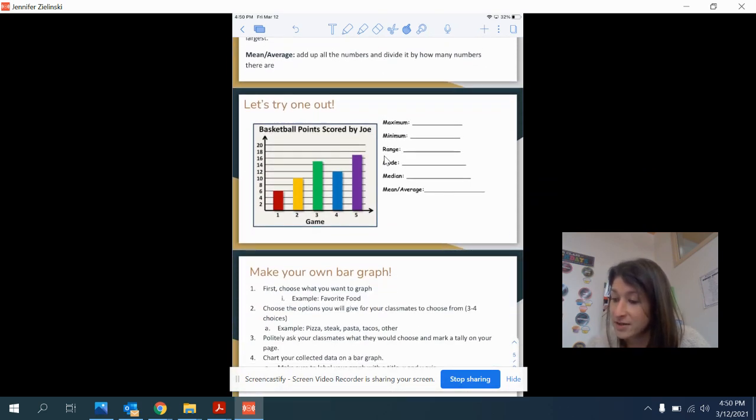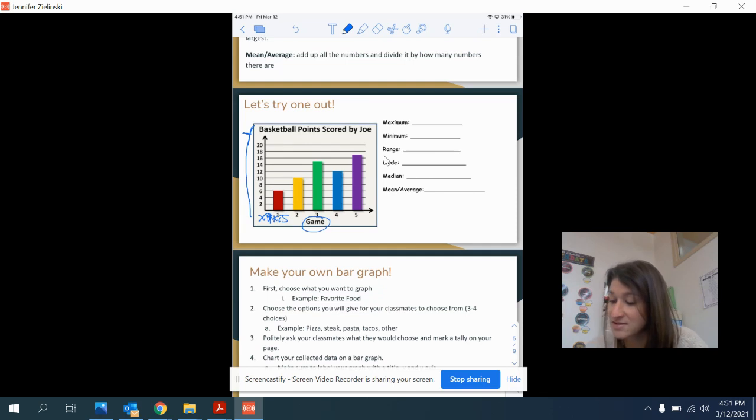So right here is my x-axis, and it is labeled with the game. And my y-axis is this one that goes up and down, that's vertical. A way that I remember that is because the y kind of goes down like it would vertically.